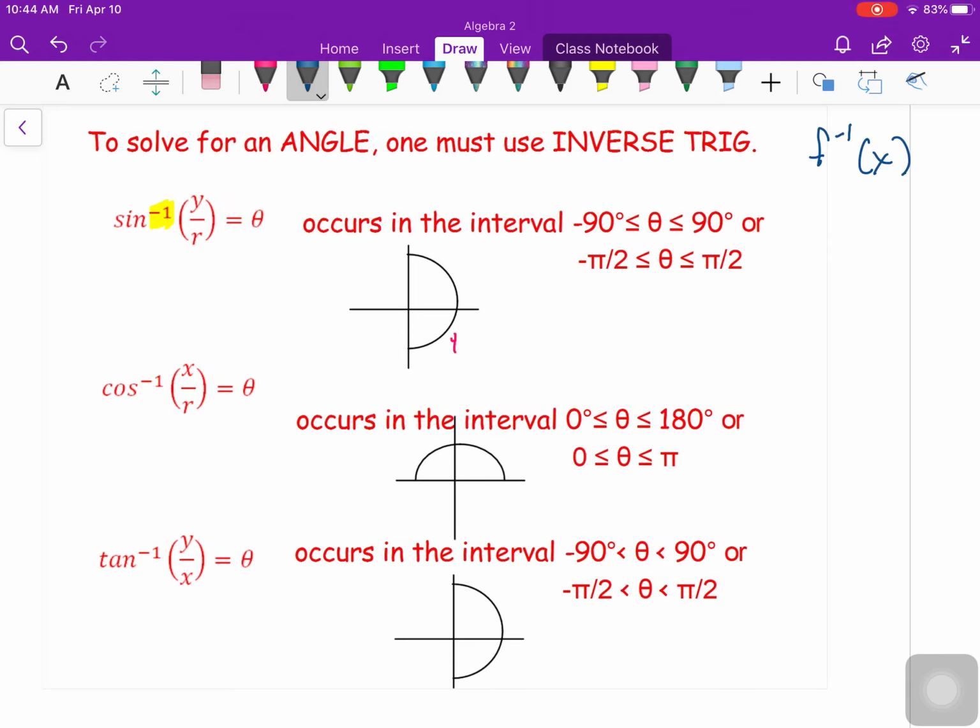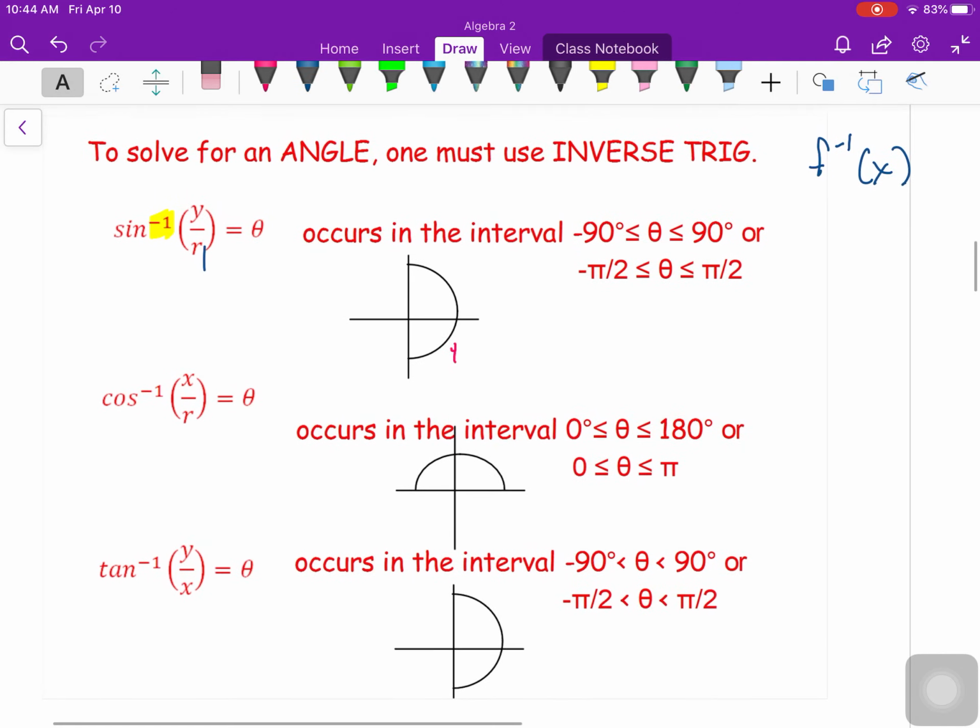That showed an inverse of the function f. Well, this is the function sine. So sine -1 of the ratio equals my angle theta. And then cosine inverse of the ratio equals theta. And tangent inverse of the ratio equals theta, where theta is always my angle.